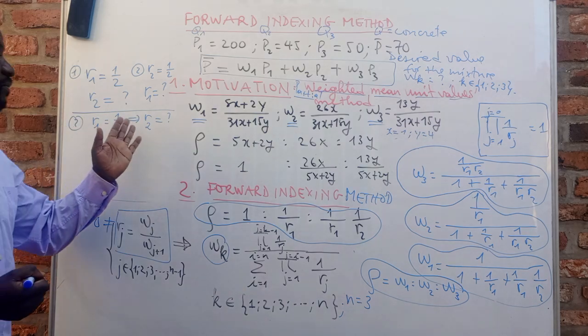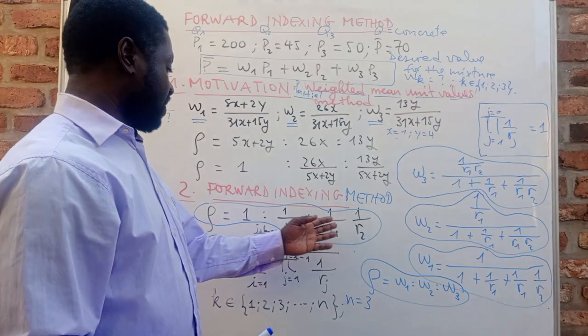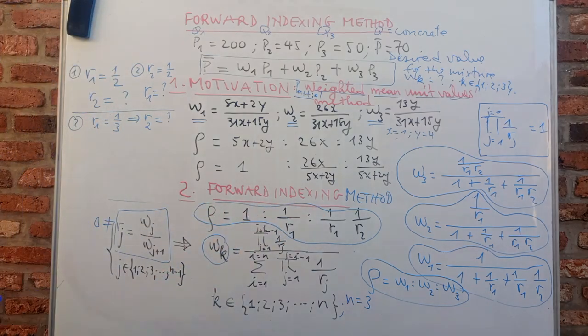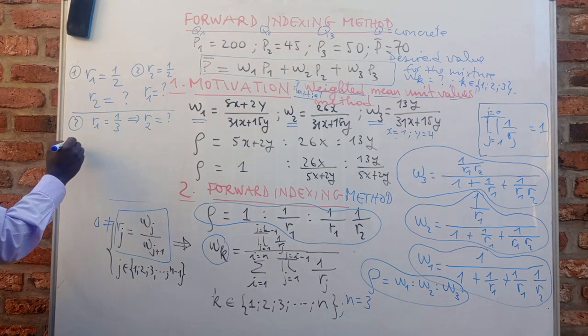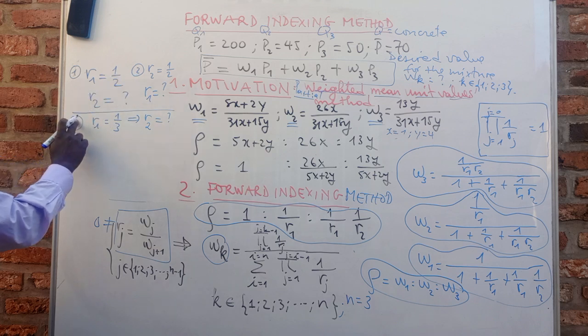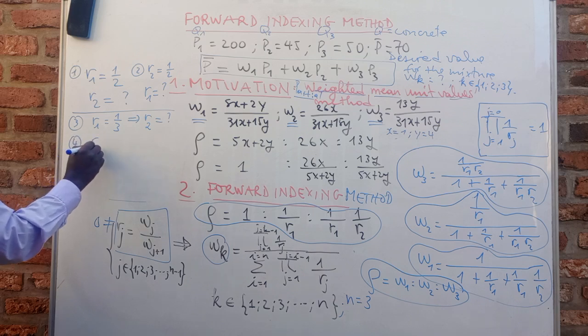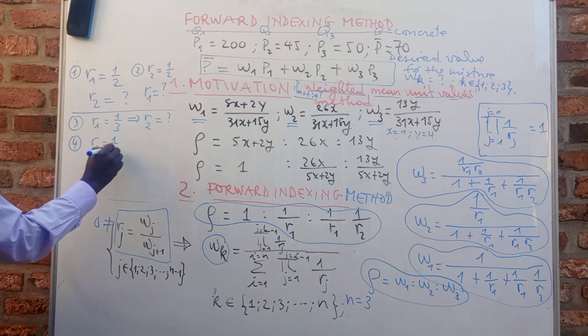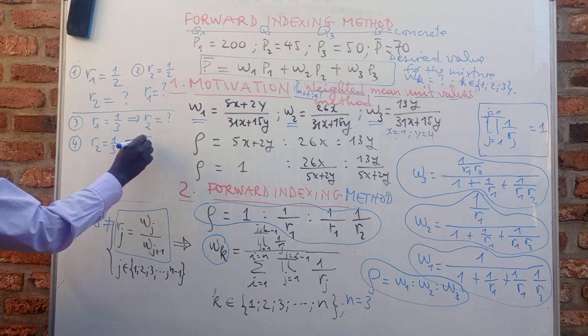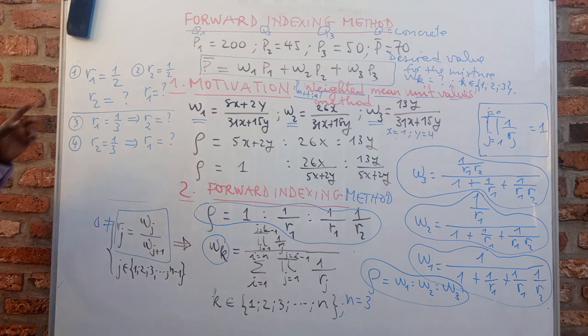Because if we have the two ratios, we're going to have the overall ratio. So number 4, if we have R sub 2 equal to 1 over 3, what will be R sub 1? Okay, we consider 1, 2, 3, 4 questions.